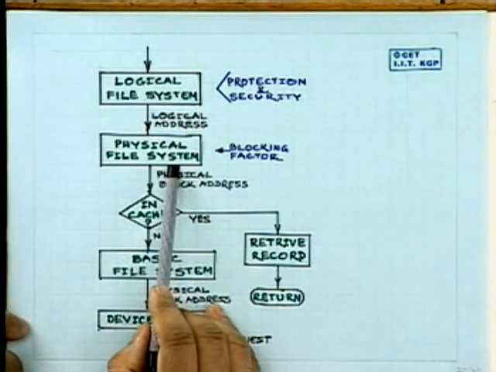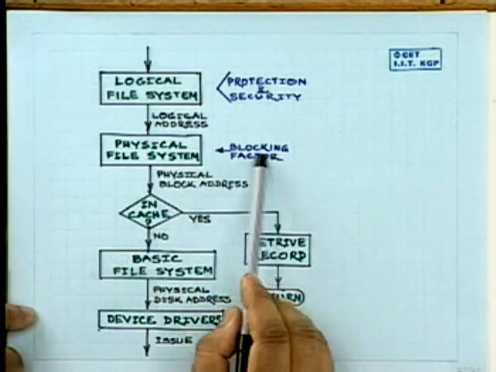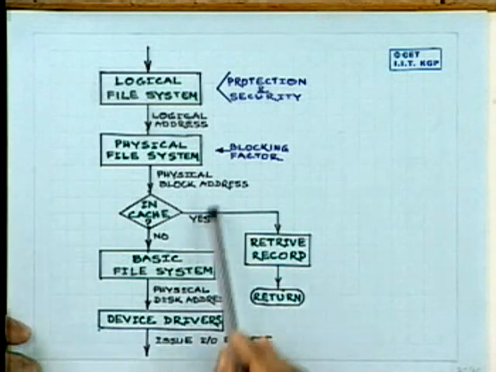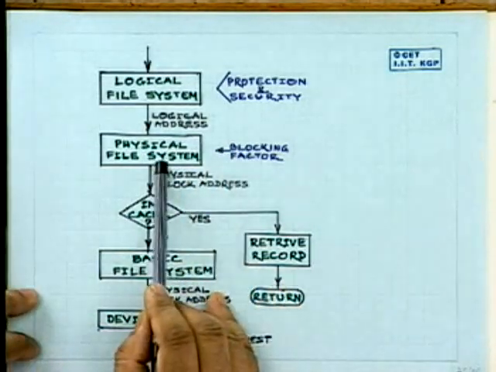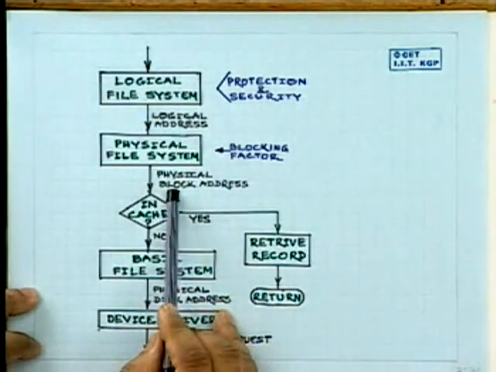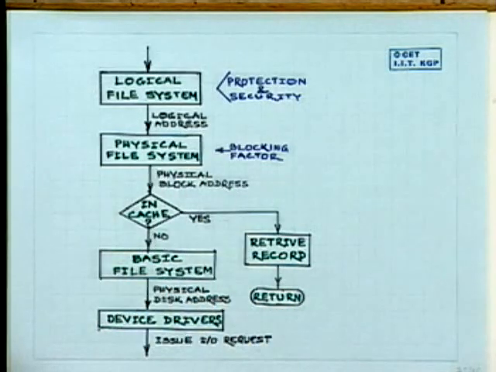The physical file system takes the blocking factor into consideration and then determines in which physical block address this particular logical record exists. A file naturally will consist of many records, and therefore it will be blocked into many physical records, and these physical records will be kept in the secondary storage.